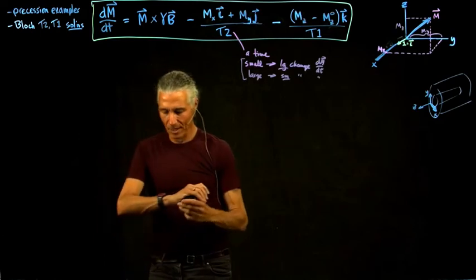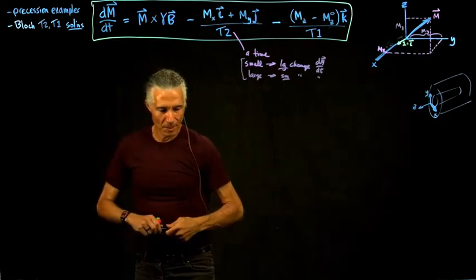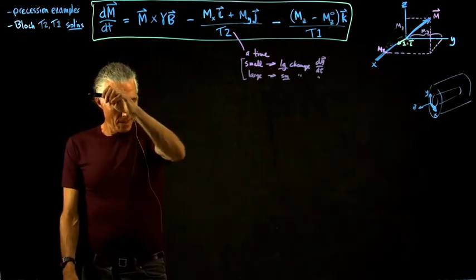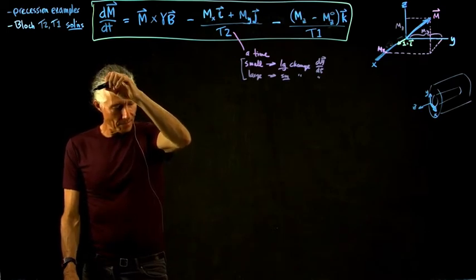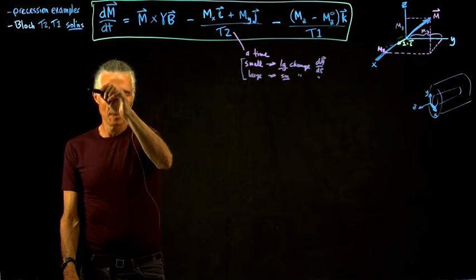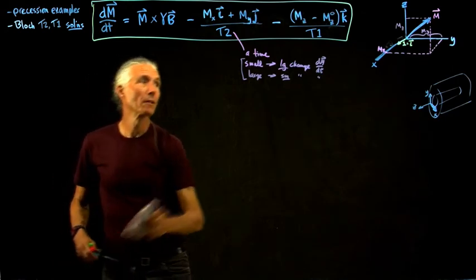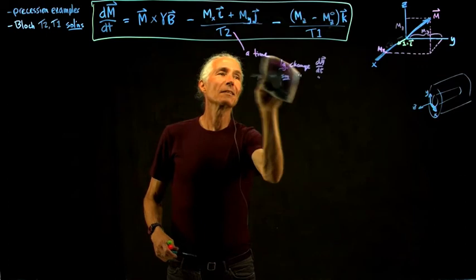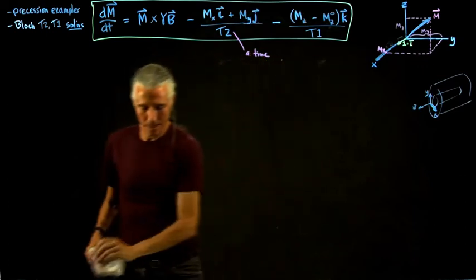So now let's look at the solution. I'll save space to plot it underneath so I don't have to erase. So let me erase that, to give me a little more space.